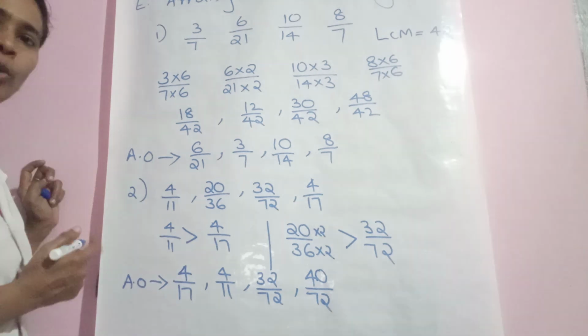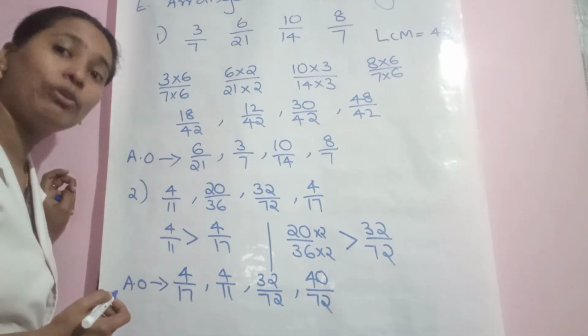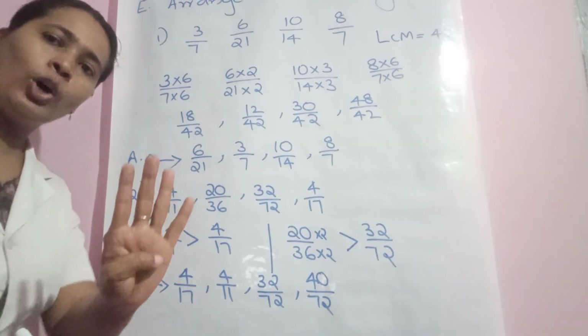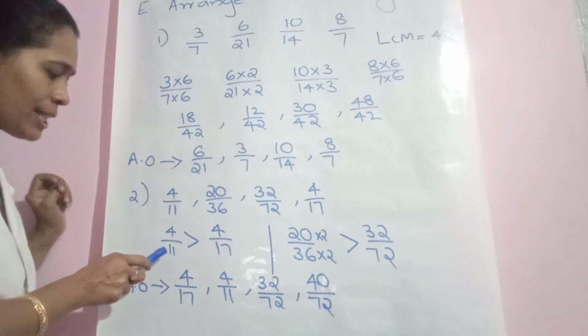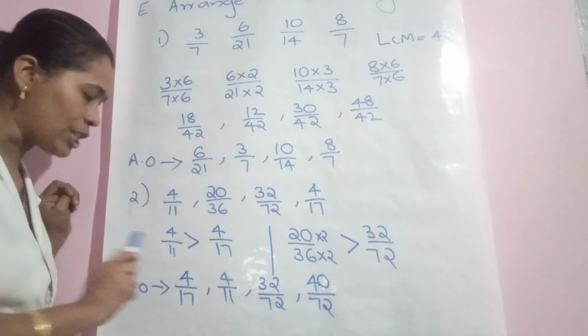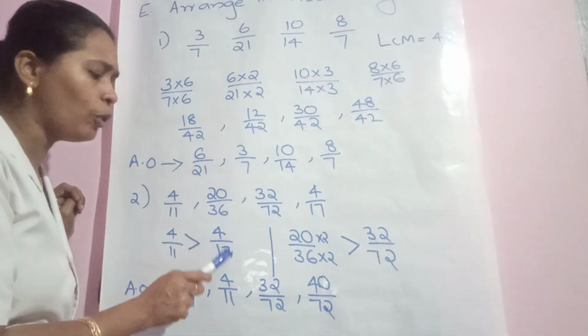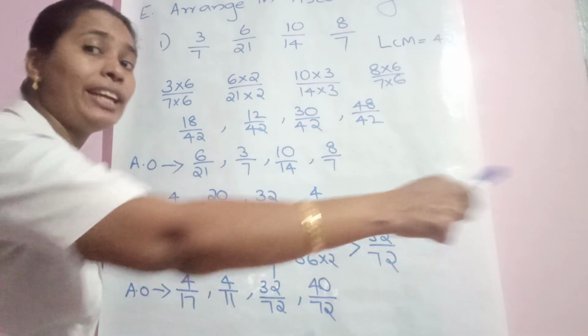In the first group, we can easily find out whether 4 by 11 or 4 by 17 is bigger. Imagine 4 sweets, 4 laddus, are in your hand. In the first case, the 4 laddus have to be divided into 11 pieces. And 4 by 17 means 4 laddus to be divided into 17 pieces.